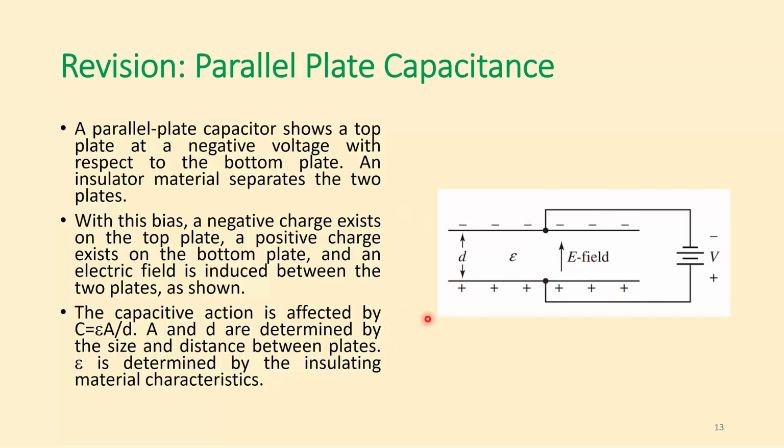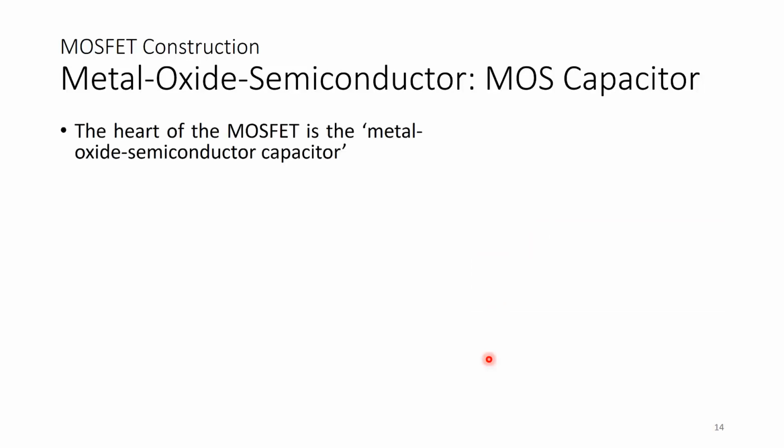Now this capacitive action is affected by the permittivity and the area of the parallel plates and the distance between them. Permittivity is determined by the insulating material characteristics. Using that concept, the heart of the MOSFET, as I mentioned earlier, is the metal oxide semiconductor capacitor, or MOS capacitor.